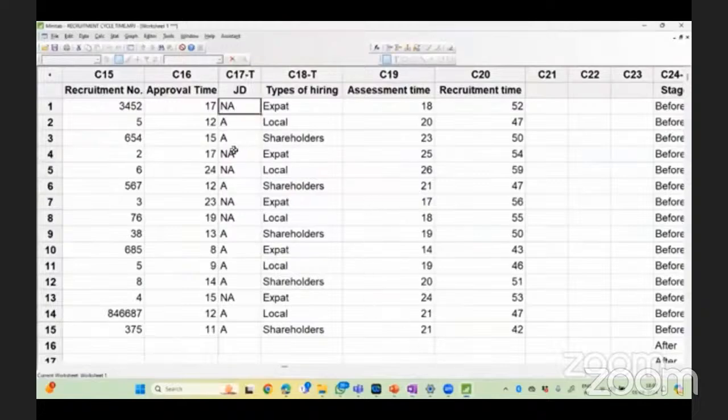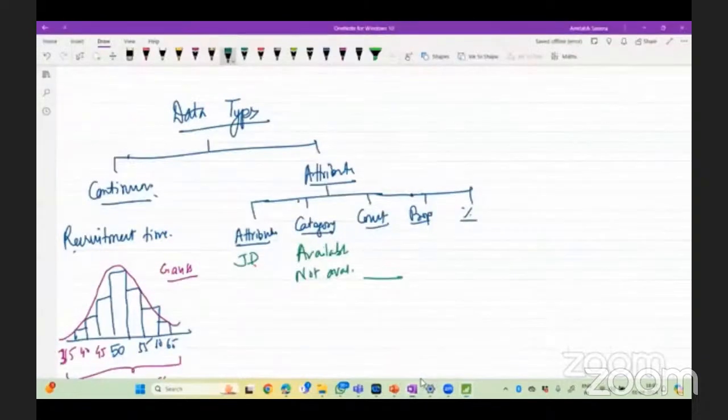So I can just say 1, 2, 3, 4, 5, 6 times not available, and 10 times it was available. Proportion was 0.66, 0.33. Total is 1, 66%, 33%.